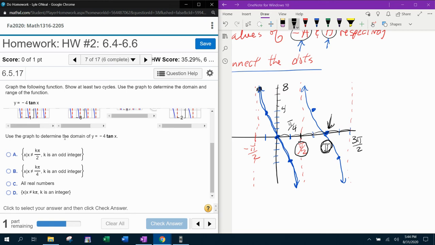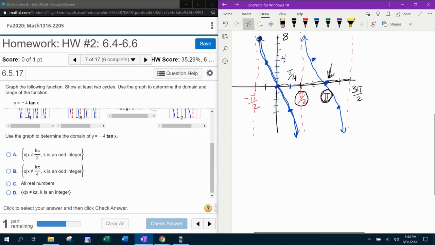Okay, here we go. The domain. All right, so let's focus on the domain over here for a second. If I scroll down a little bit, we know the domain are the values that x can be, but at every one of these asymptotes, that is a number that x can't be.